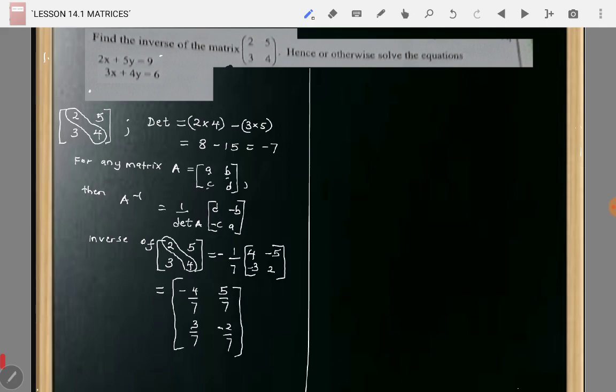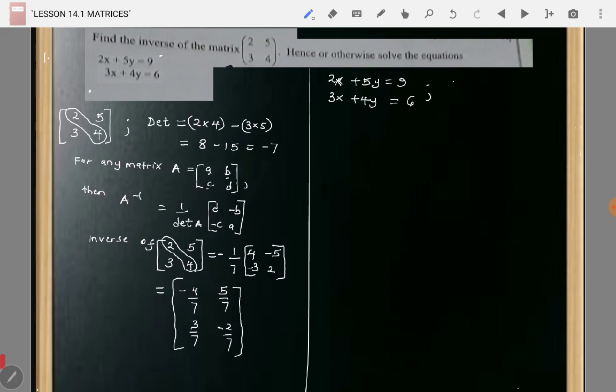We have been given a simultaneous equation, which is 2x plus 5y is equal to 9, and also 3x plus 4y is equal to 6. When you are given simultaneous equations to solve using matrix method, you must first of all write the simultaneous equation in matrix form. In the column of x, we have 2x and we have 3x.